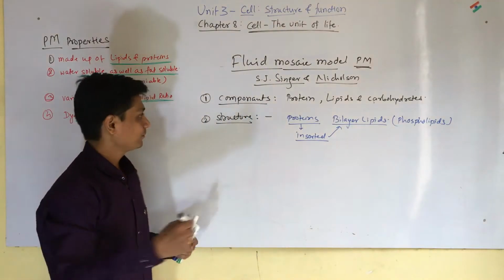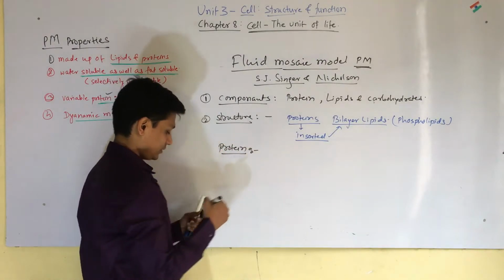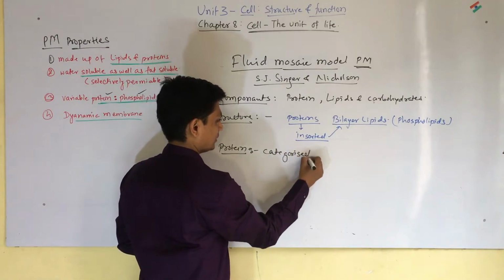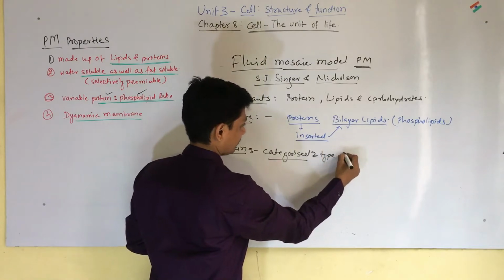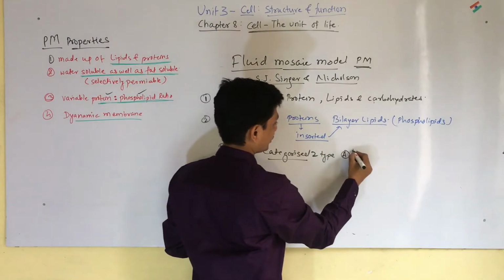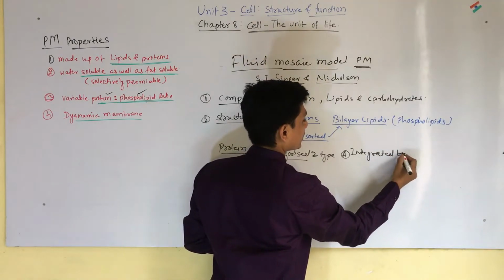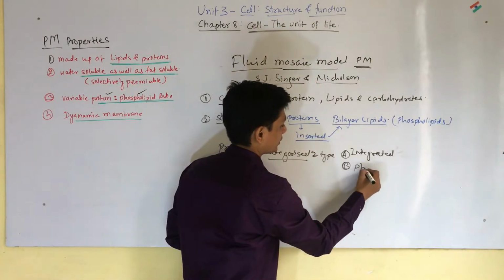In this model, proteins are categorized into two types. First, integrated proteins, and second, peripheral proteins.